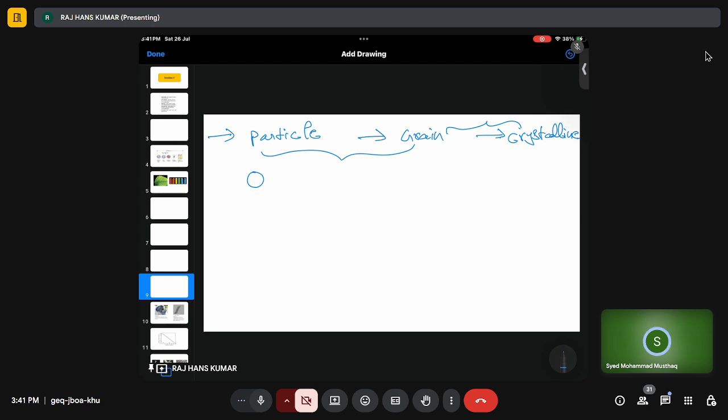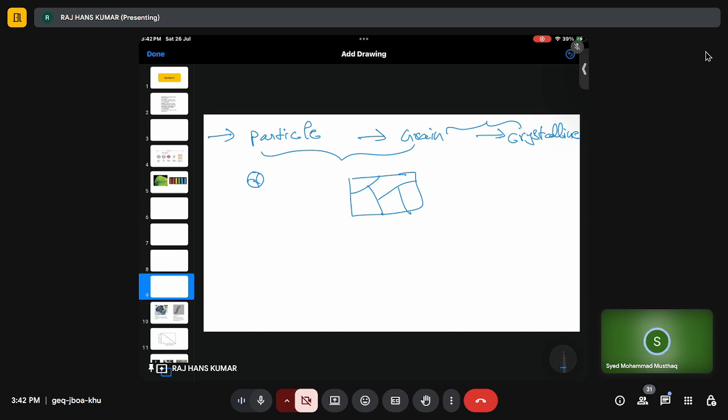A powder particle is nothing but an entity which has grains, right? This powder particle will contain grains. If I take a bulk material and see it under a microscope after etching, you will see grains. If I take a powder particle, it has so many grains, right?